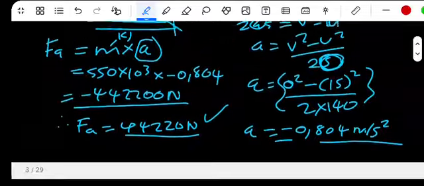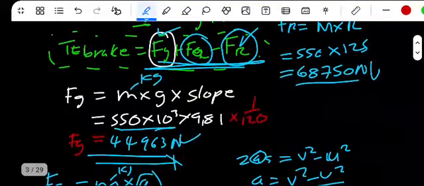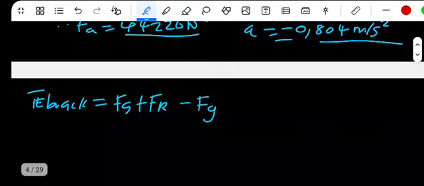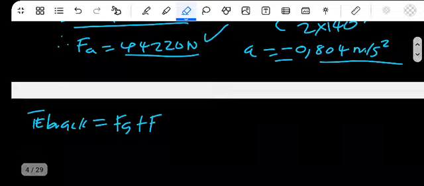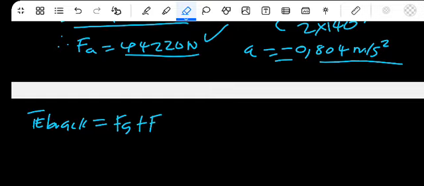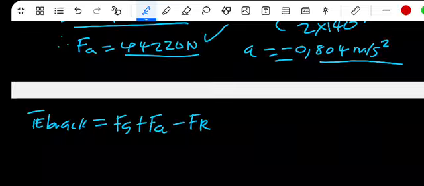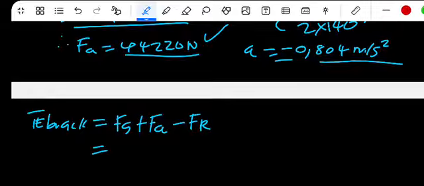Remember, this is the formula. Let me rewrite it there. We have FR, that will be FG plus FA, minus our rolling resistance. So I must be careful when I'm adding.